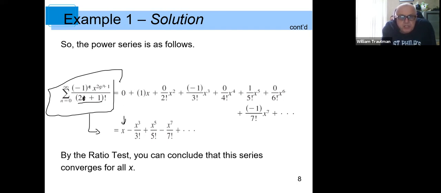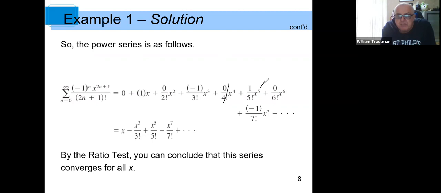We put 1 in here, you get -1 to the 1 power, which is the negative. Put a 1 in here, you get x to the 3rd power. Put a 1 in here, you get 3 factorial. And then you can go on to the next one. The next one won't be the 4th, it's going to be the 5th power because this turns to 0.